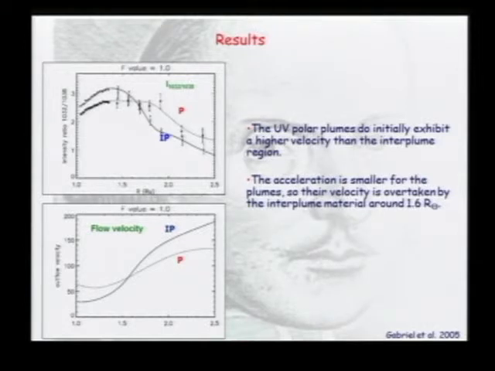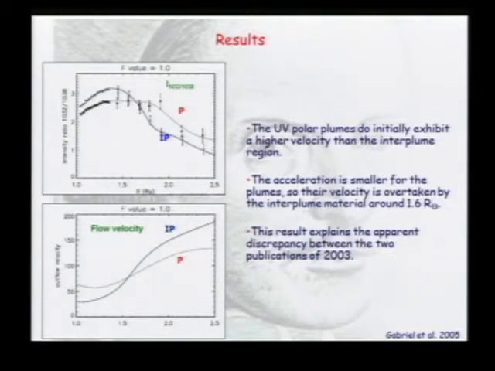It's shown here, where the Interplume velocity overtakes. And this result explained the apparent discrepancy between the two publications of 2003, but not everybody is convinced of that.